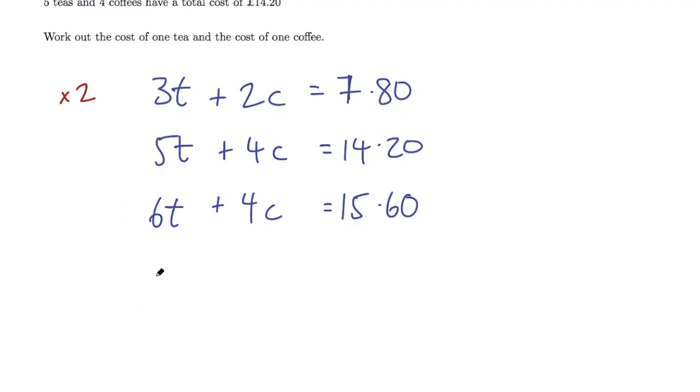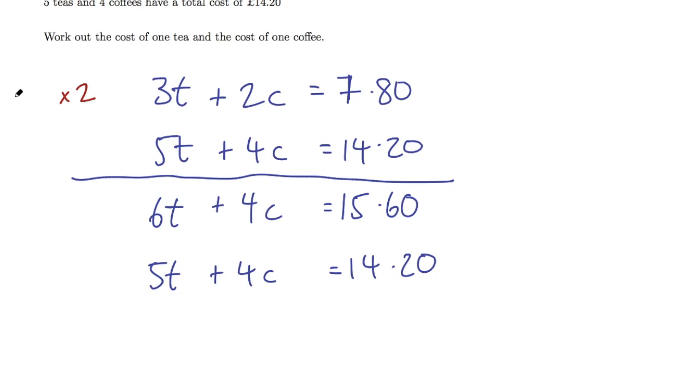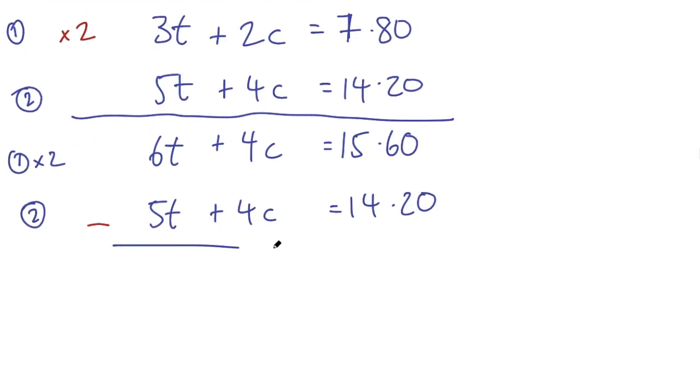So let me just rewrite these again. So what we've actually done is, if we call this equation 1 and equation 2, this is equation 1 times 2, and this is equation 2. And what we're going to do is subtract those in order to eliminate one unknown.